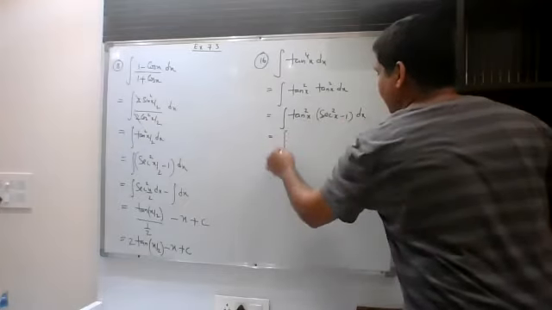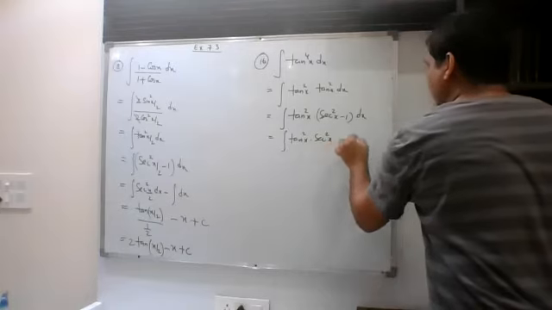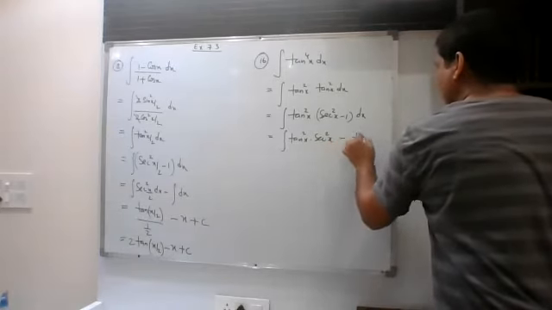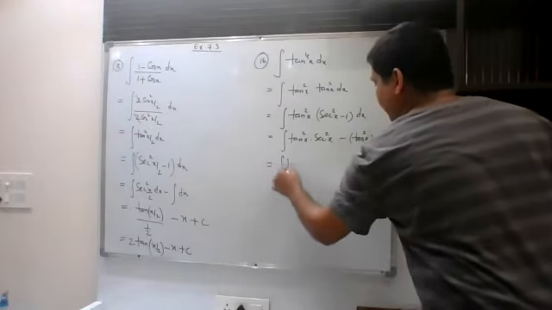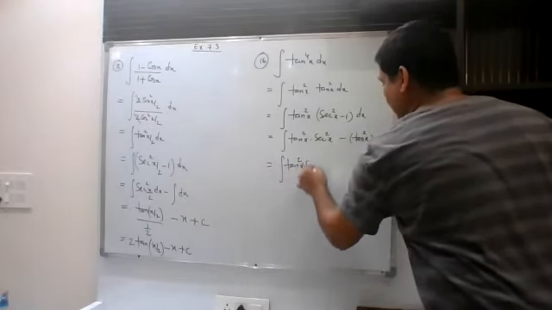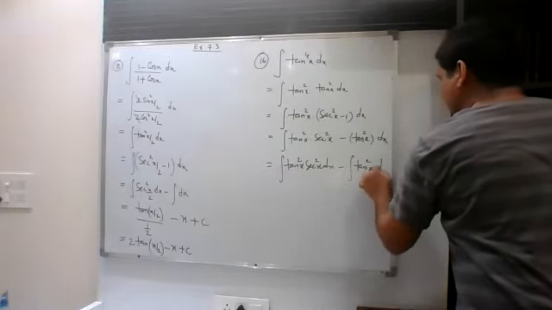Now multiply it. So tan square x into sec square x minus tan square x. After this, detach this into two parts and then integrate. So one will be tan square x into sec square x dx and another is simply tan square x dx.